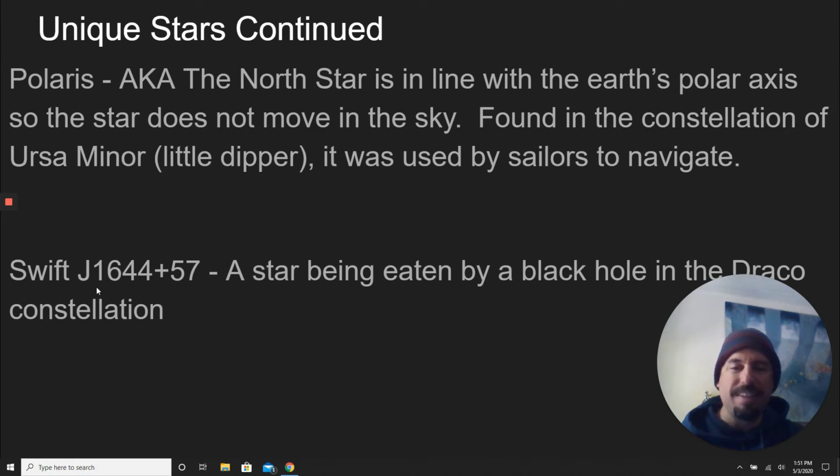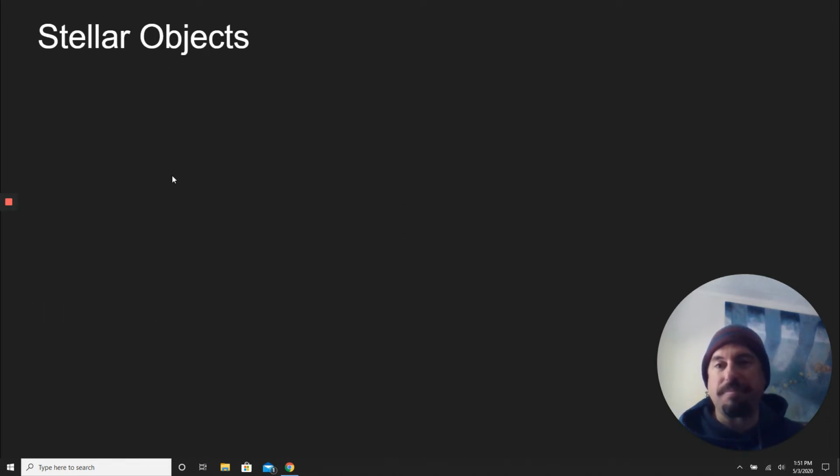So if it has a number, it's not visible, and it's been given a scientific designation. But if it's visible with the naked eye, it usually has a name because some culture has named it.